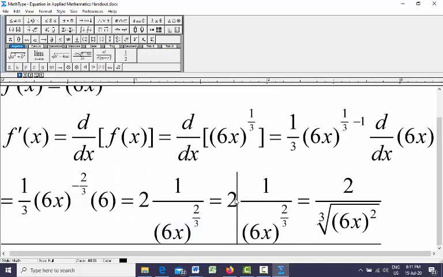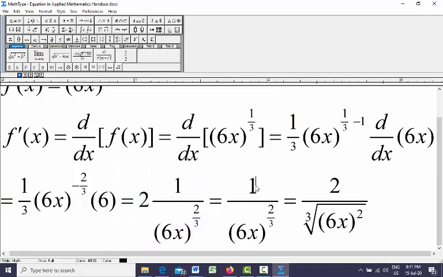So here this 2 I will write it here. This 2 by 3 can be written like this.